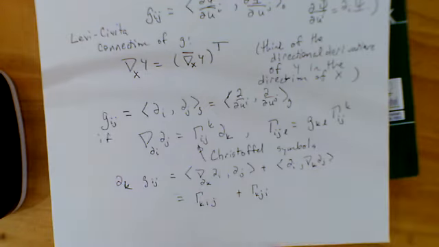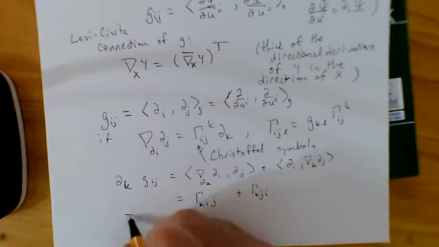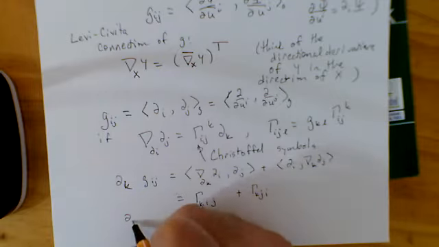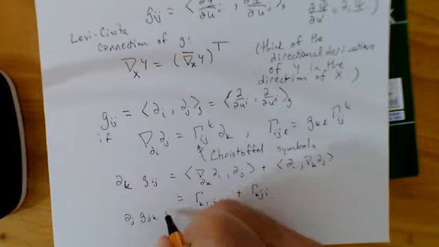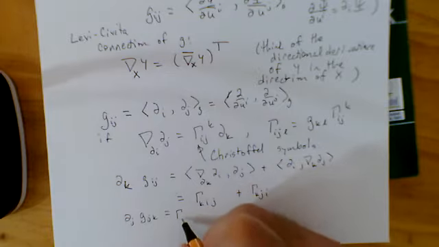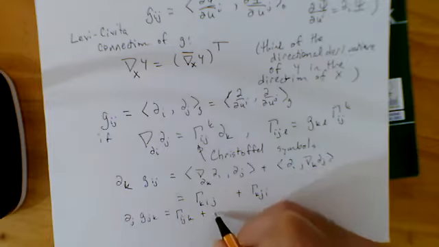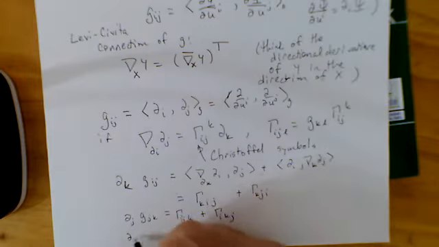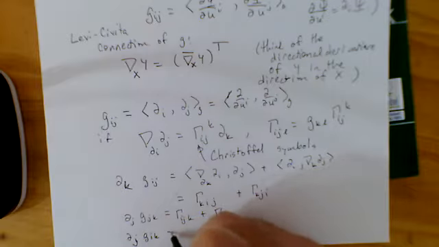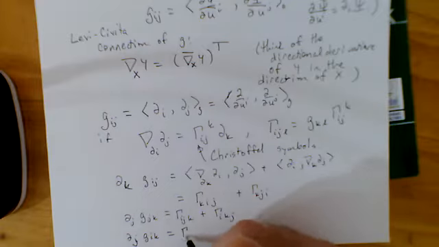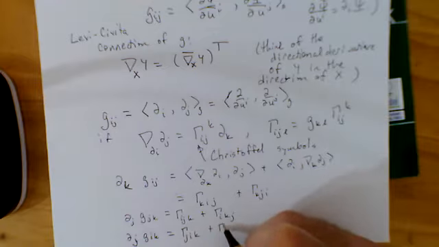I can repeat this two more times. d i g j k is then going to be gamma i j k plus gamma i k j, and d j g i k is going to be gamma j i k plus gamma j k i.